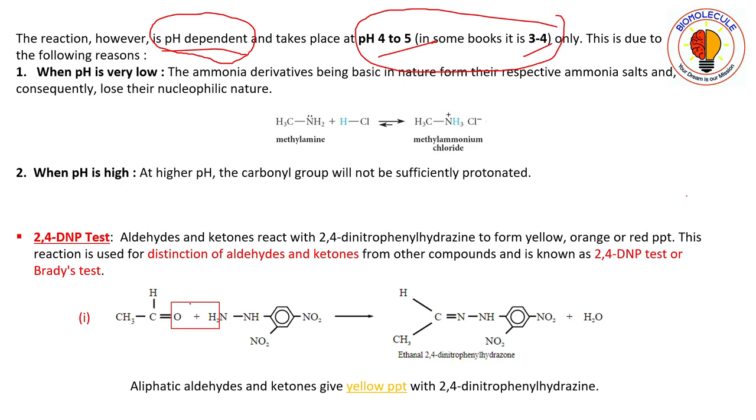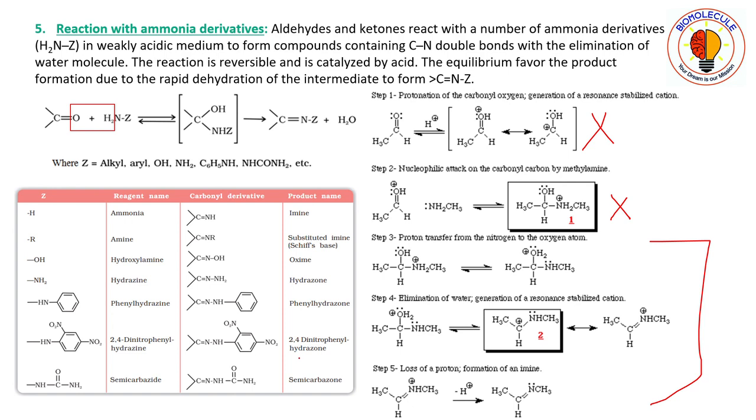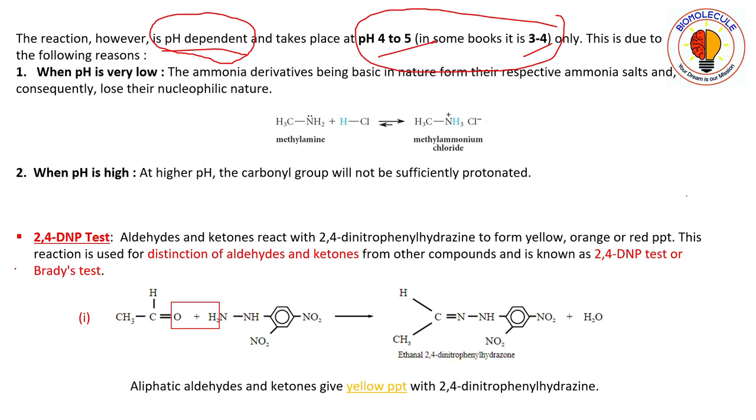Now I was talking about this one, 2,4-dinitrophenyl hydrazone, the final product, and the reagent is 2,4-dinitrophenyl hydrazine. So this is the 2,4-DNP test. If you want to confirm your carbonyl compound, as in organic analysis or salt analysis, this is the test done to identify a carbonyl compound.